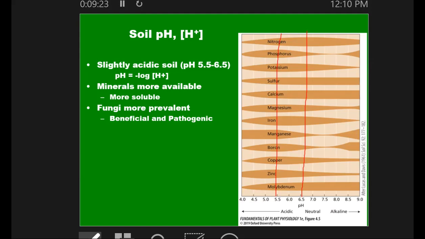And I think I mentioned the other day, when you rank what types of organisms attack plants and cause disease, fungi win. There's more fungal pathogens out there than there are bacterial pathogens or viral pathogens. And so there's a lot of bad guys when it comes to fungi. However, there's a bunch of good guys too. And so this slightly acidic condition does tend to favor fungi. They're happy in those conditions.